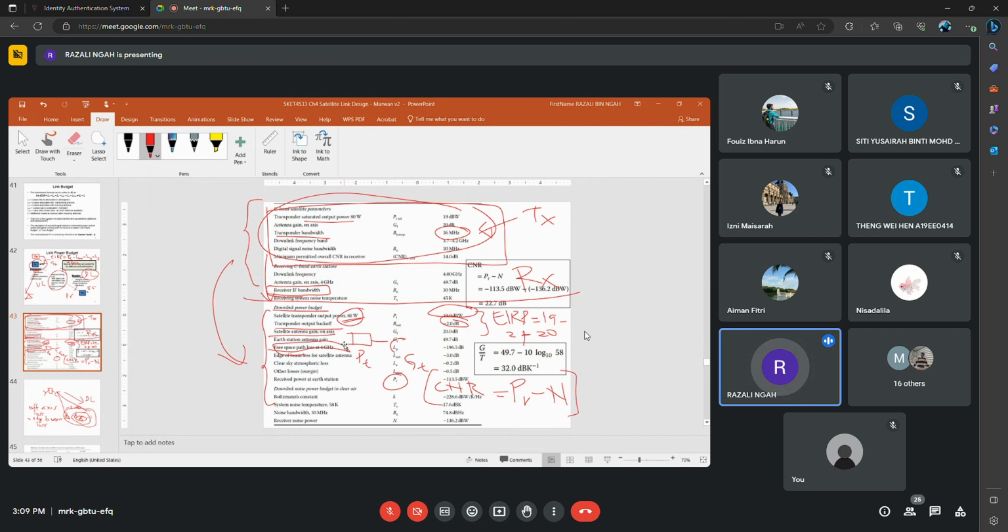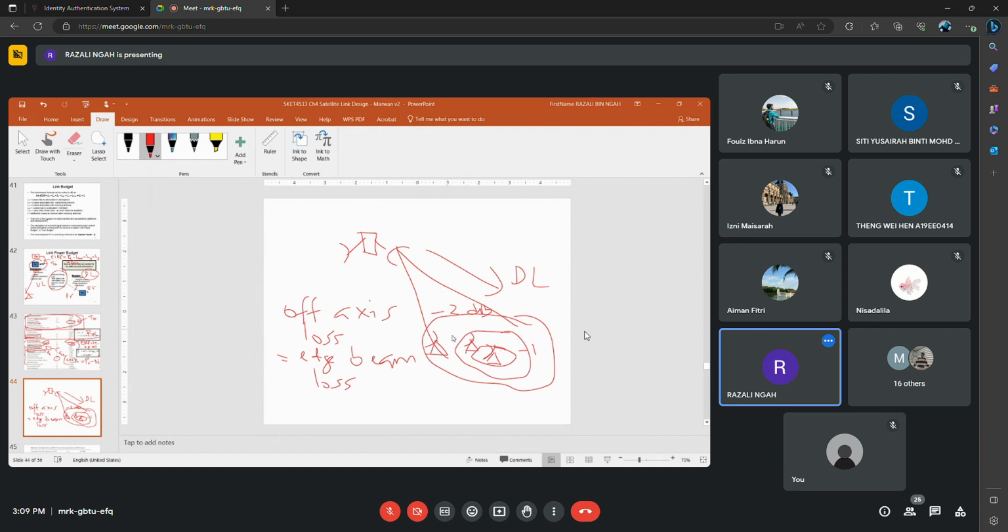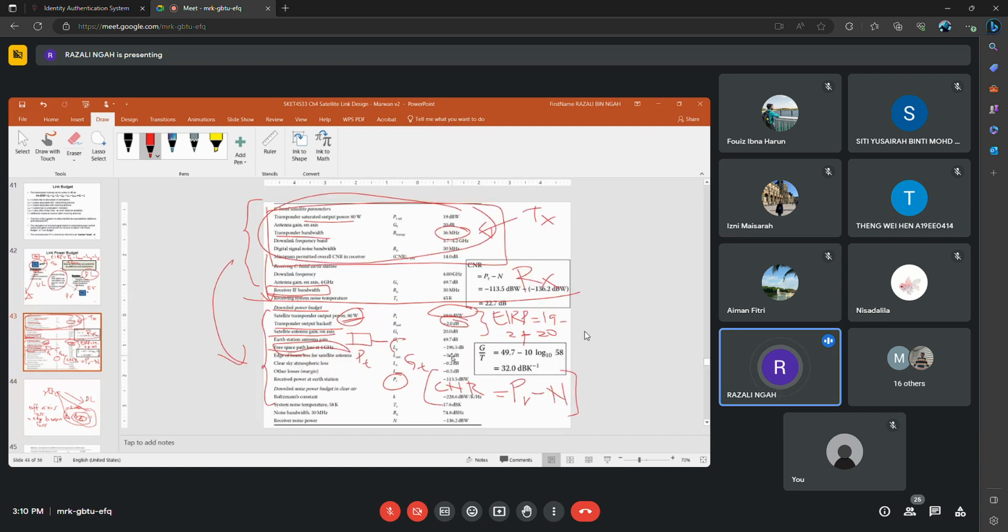That means your earth station is not located in the center. So your earth station is located in this region where we have off-axis loss or edge of beam loss of 2 dB. When you put it in the table, you have to put a negative.